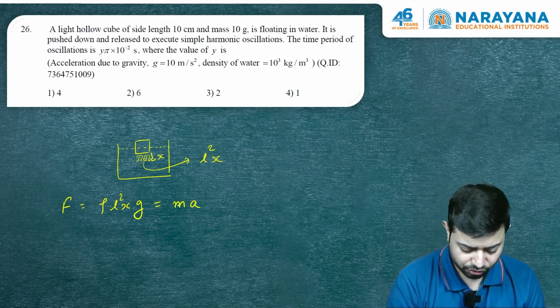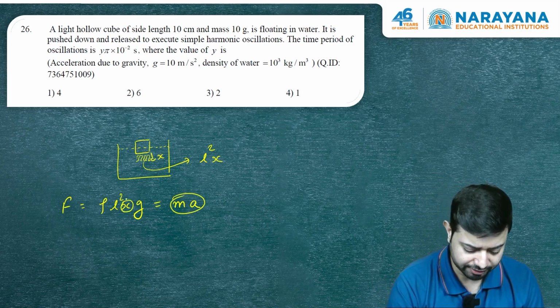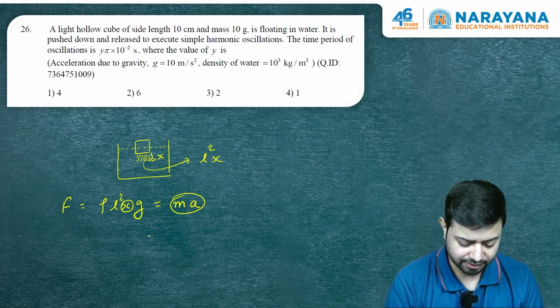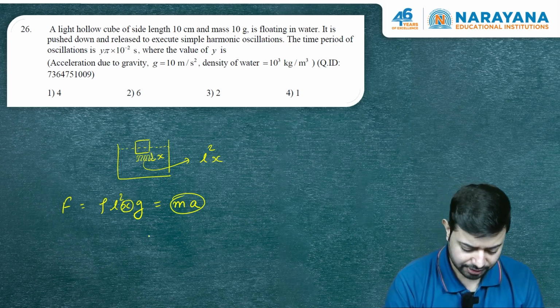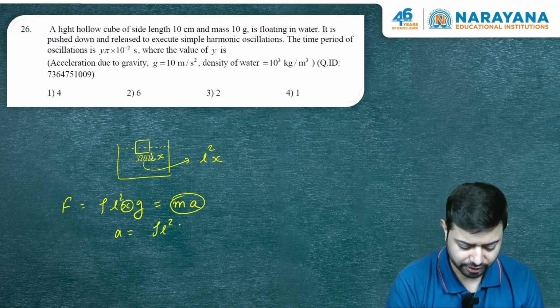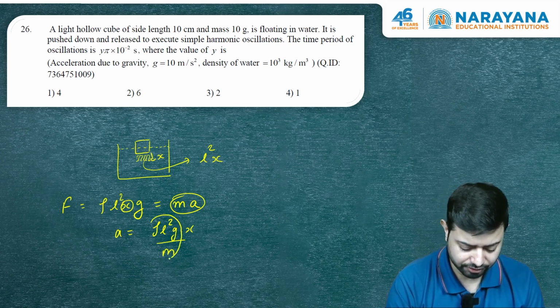So, we can see that this force is proportional to x, and in this scenario there is going to be SHM. Therefore, acceleration is rho L square g x by m, and as per the standard equation of SHM this quantity is omega square.